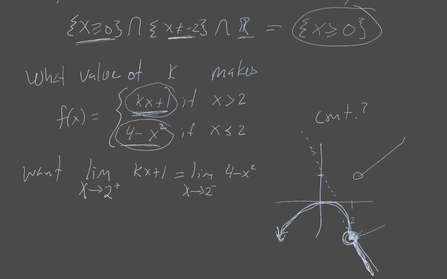We want those two things to be equal. Okay, this is continuous, this is continuous, so the limit from the right would just be evaluation there, the limit from the left would just be evaluation there. So we want kx plus 1 when x is equal to 2. So I'm going to not put an x there, I'm going to put a 2 there.